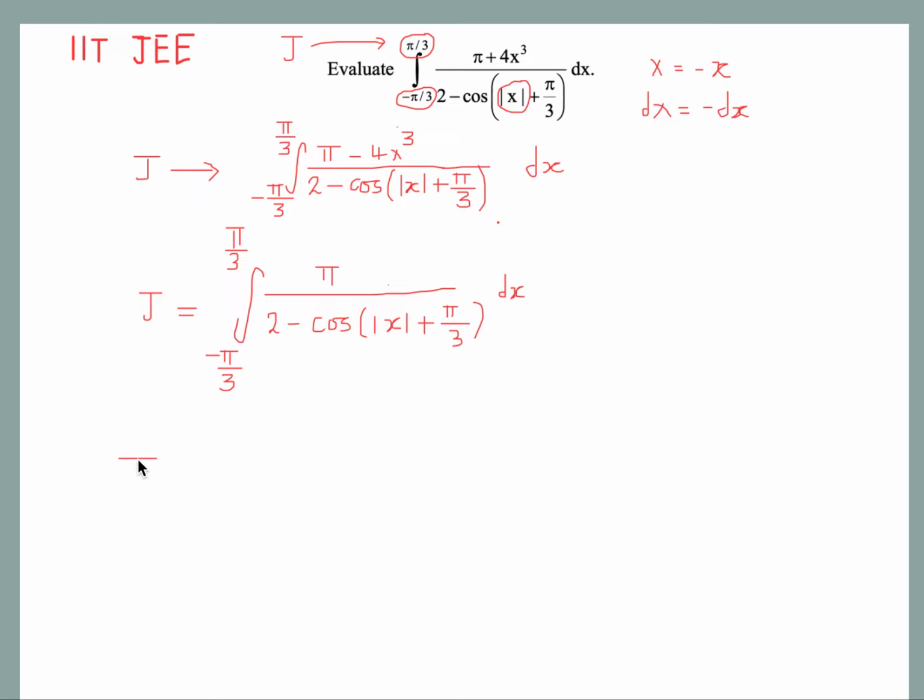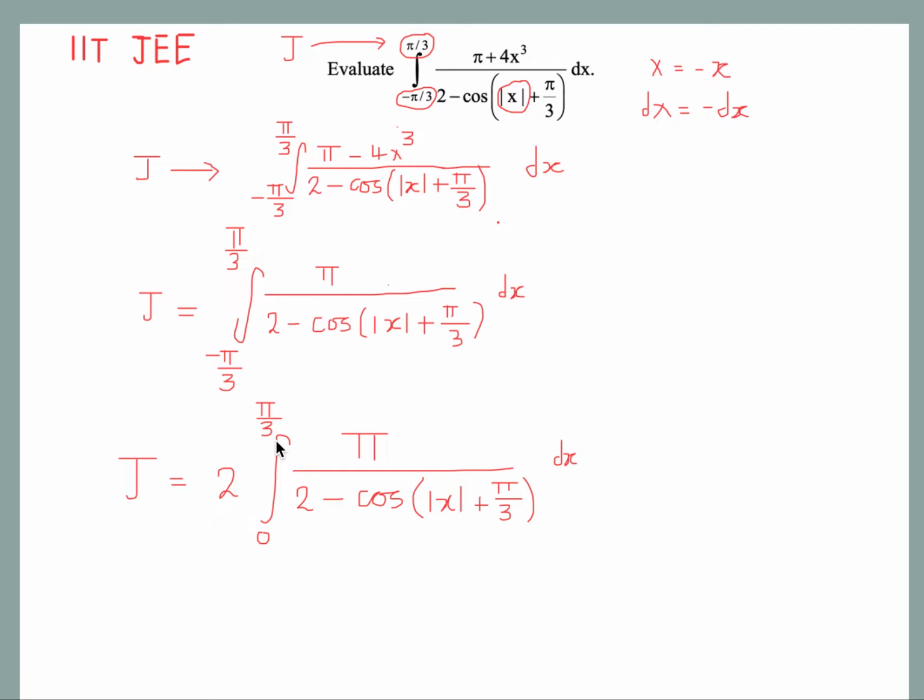So this is going to be equal to 2 lots of this, with the integral instead between 0 and pi on 3, of 2 minus cosine absolute value of x plus pi on 3, dx.